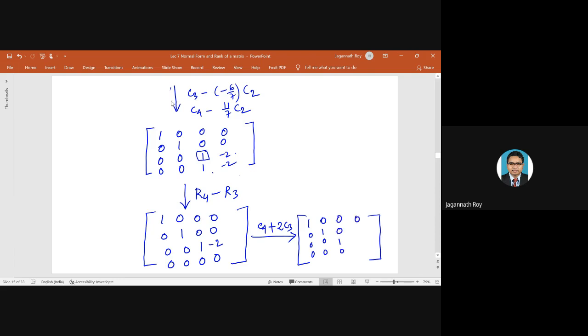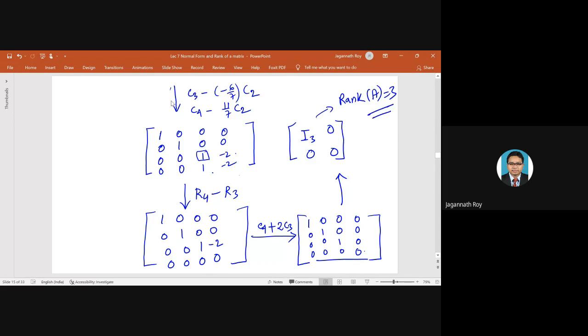So this will become 0 0 0 and 0. So we have this matrix of this form, I3, with a 0 row. We can make it 0 here and then 0. So here the rank of A is 3.